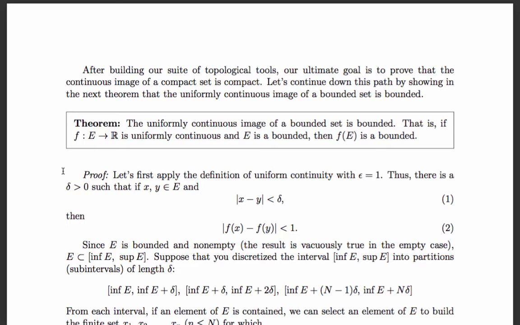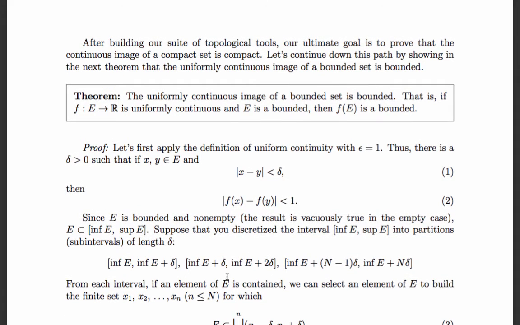And we could actually take the closed interval from the infimum to the supremum and partition that interval into subintervals, where each subinterval is length delta. In other words, start at the infimum and add delta to it, and then go from the infimum plus delta to the infimum plus 2 delta, and keep going until you get past the supremum.